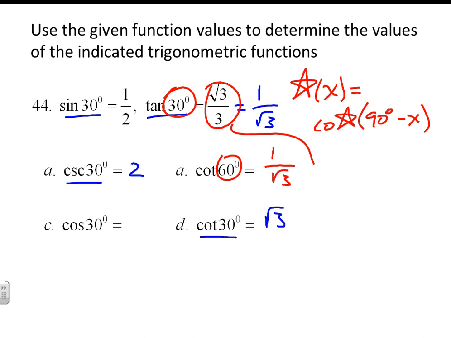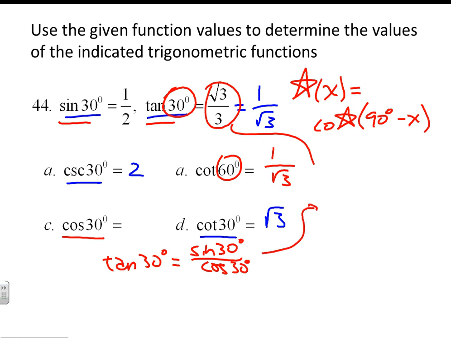How about cosine of 30 though? Wow, this would be easy if we were drawing the triangle, but it is not their intent to have us draw the triangle. But what do we know about cosine, sine, and tangent? They live together in this quotient identity that says tangent of 30 degrees equals sine of 30 degrees on cosine of 30 degrees.